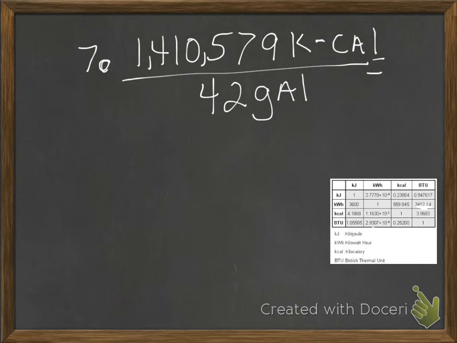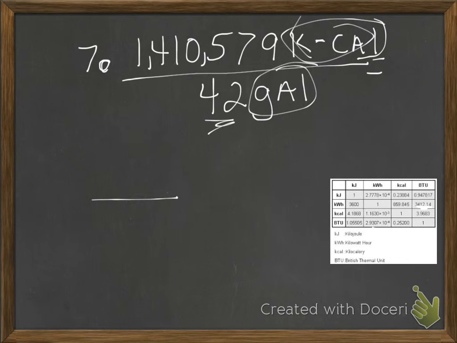And this time, notice that your numbers are not going to cross out because they're different in your units. And so your answer will be dividing the 42 into the number above, and your answer will be in kcals per gallon, which will give you your singular gallon of oil.